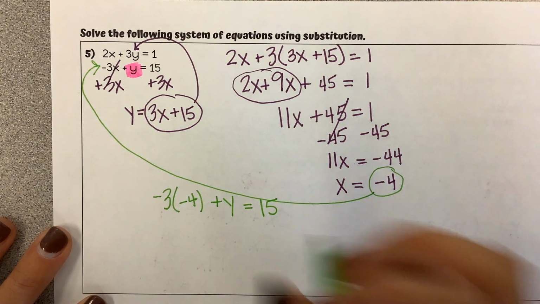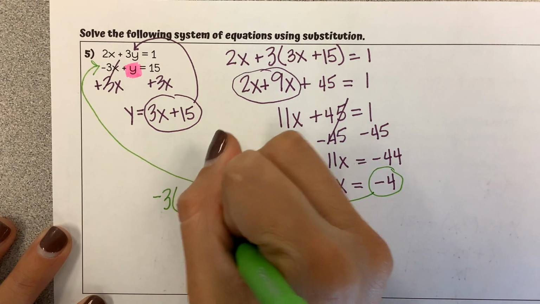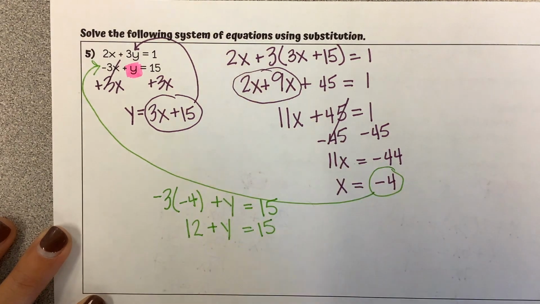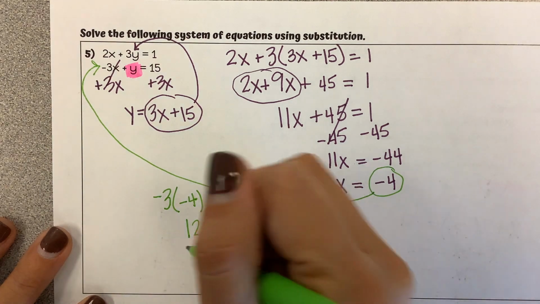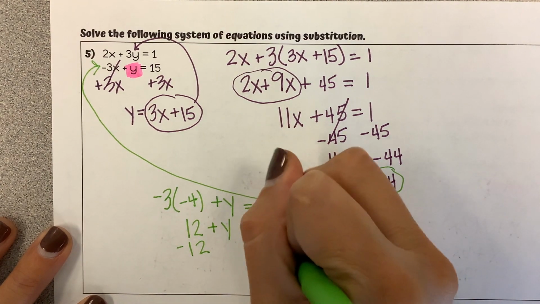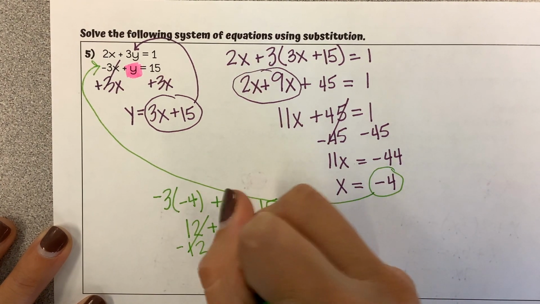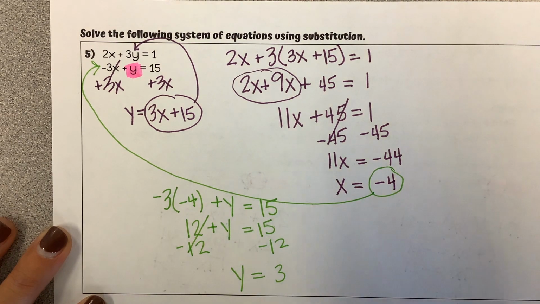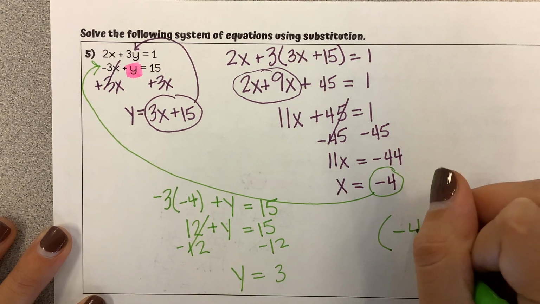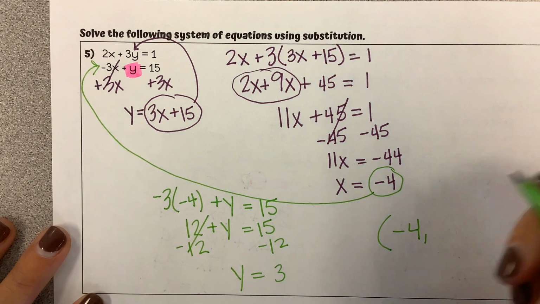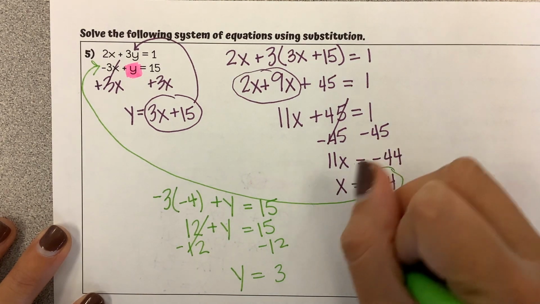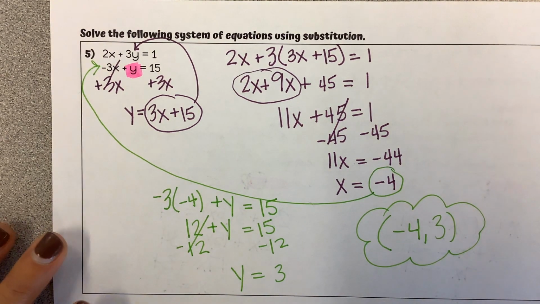Negative 3 times negative 4 is positive 12 plus y equals 15. Subtract 12 from both sides, and we get y equals 3. So our ordered pair, x comes first, negative 4, y comes second, 3. That is our solution, negative 4, 3.